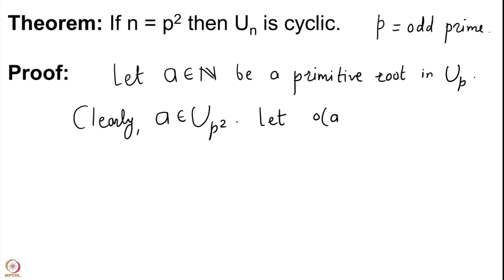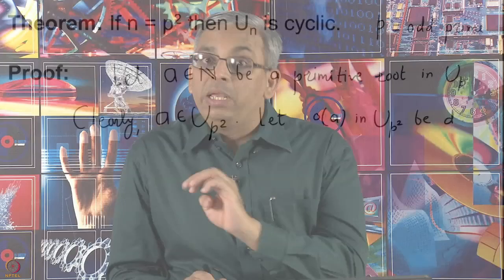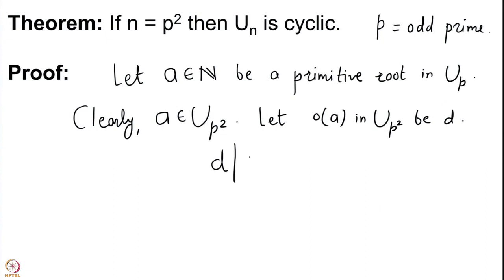Let the order of a in U_{p^2} be d. We want to check whether d is equal to phi(p^2). Phi(p^2) is p into p minus 1. So, we of course have that d will need to divide phi(p^2), which is p into p minus 1, but p minus 1 will also divide d.